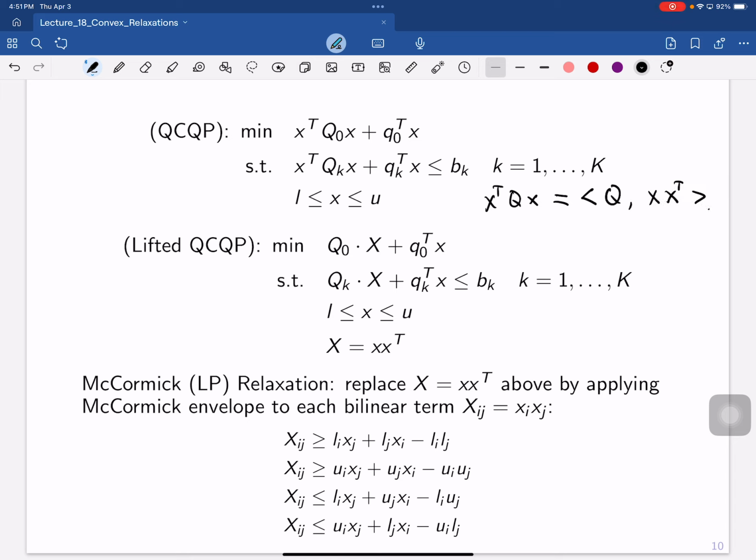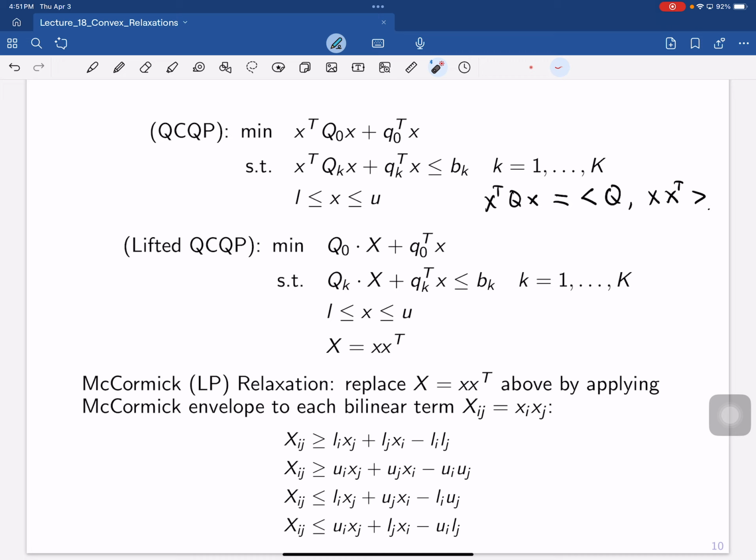Hopefully this is clear to you, because if you do matrix multiplication, you have a summation over xi times xj times qij, and you sum over all of them, right? So it's essentially the inner product of Q and XX transpose.